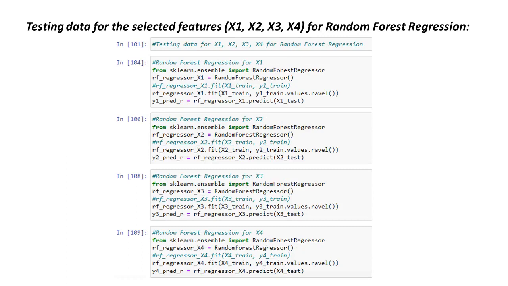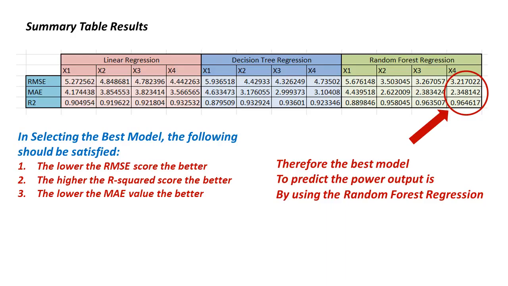For random forest, we import from the sklearn library the random forest regression class, and then apply x1, x2, x3, and x4. Upon running all this code, we get the summary tables here.